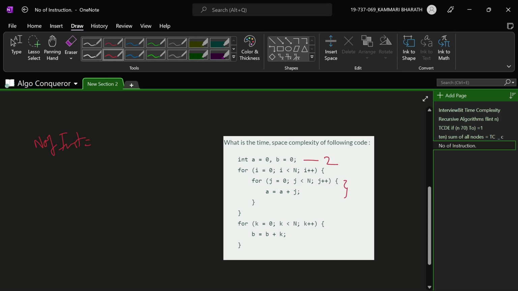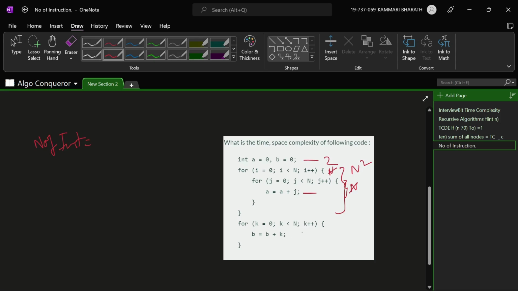This loop is executing n times, and this loop itself is in another loop which executes n times. So in total, how many times is this instruction executed? n into n, n square times. So this total will give us n square.